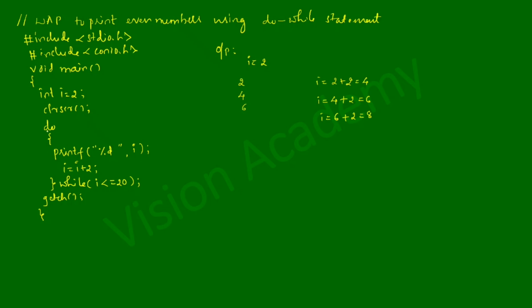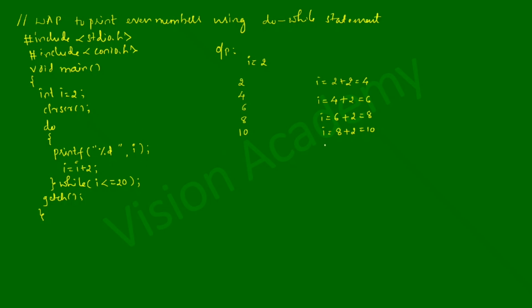Once again control transfers to do, and it is going to print the value of i. The value of i is 8. Once again we are going to increment the value of i by 2. So i = 8 + 2 = 10. 10 is less than or equal to 20. Yes, it is true. Once again, it is going to print the value of i, that is 10.